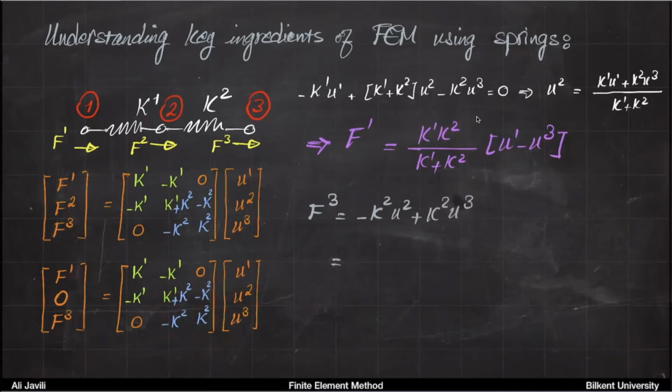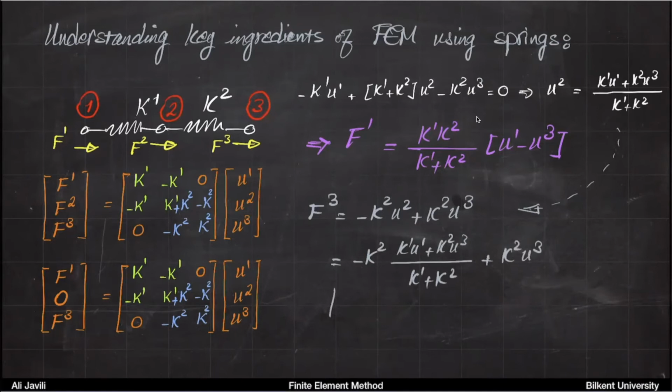Now what we do is exactly the same thing as we did before. We are going to replace U2 from the equation that we have up there. So U2 is (K1 U1 + K2 U3) over (K1 + K2). I hope I'm not making any calculation mistakes, but even if I do, we can tell from the final results. We kind of know what we want to get.